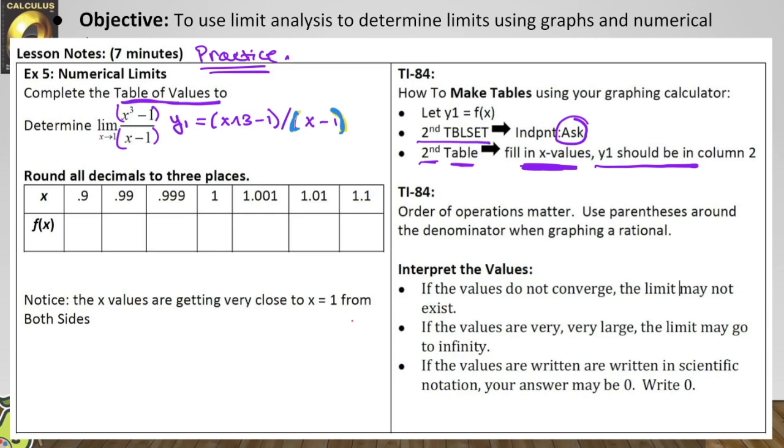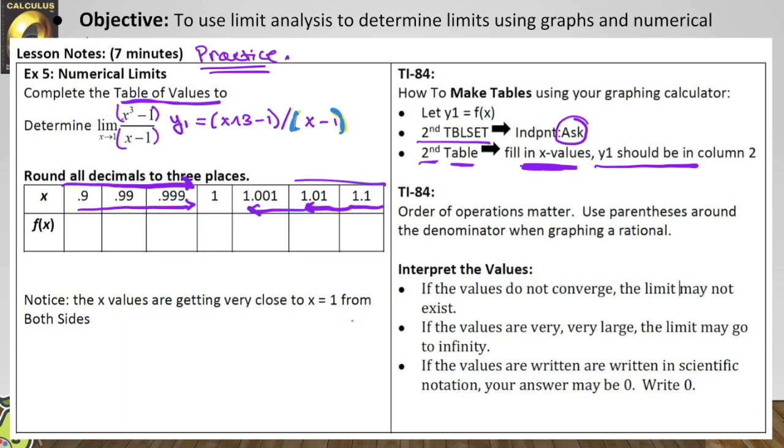Now notice, we were approaching 1. So to approach 1, we want to come from the left-hand side. And these are numbers, 0.9, 0.99, 0.999, that are getting really close to 1 from the left-hand side. So put those numbers into your left-hand column. Now, on the right side, notice we have 1.1 and then it's going to 1.01 and we're getting really close with 1.001.